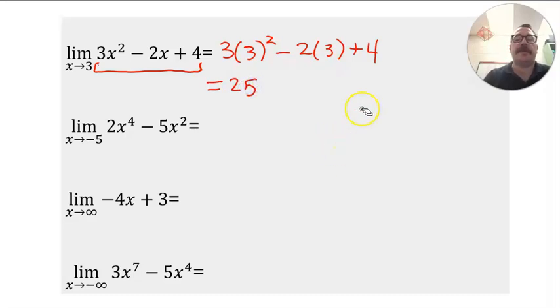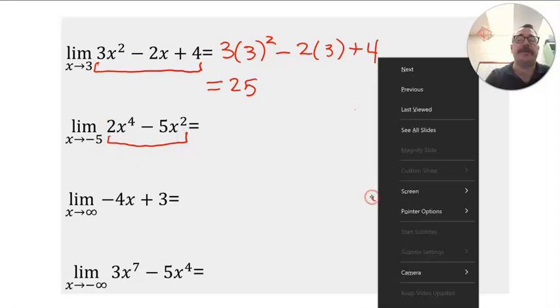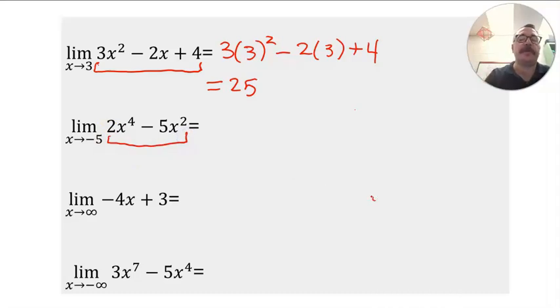And then down here, as x goes to -5, all we do is look at the function. What type of function is it? That's another polynomial. So all we've got to do is plug in -5. So we've got 2 times -5 to the fourth minus 5 times negative 5 squared.